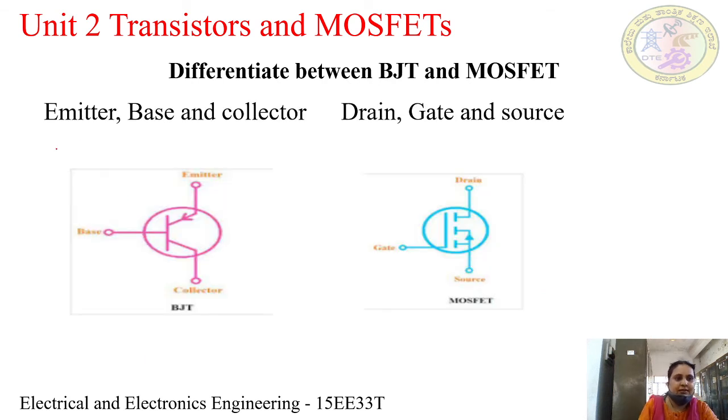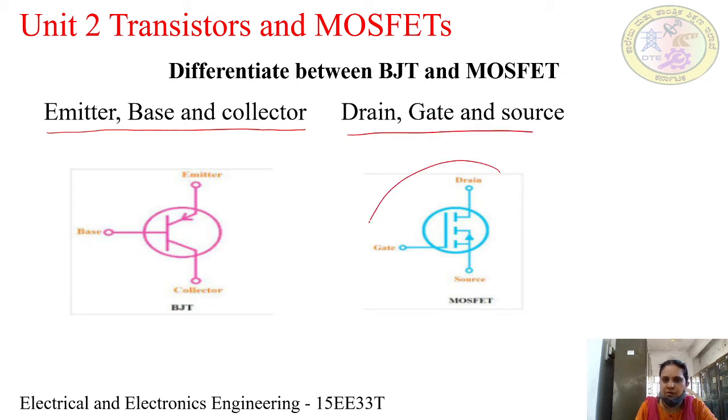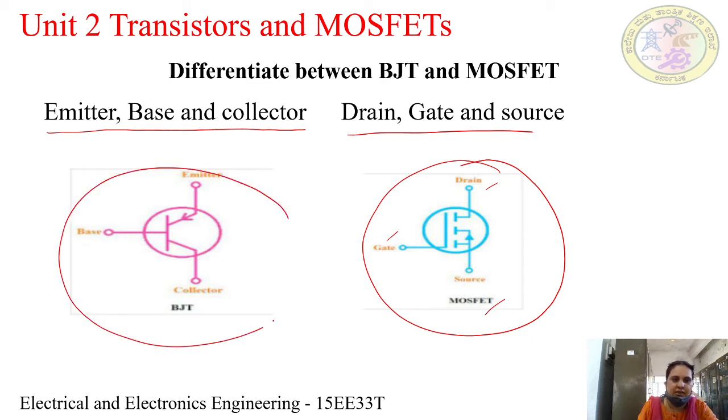Now if you look at the terminals, the MOS device or the MOSFET has three terminals, namely drain, gate and source. Whereas in case of the BJT, we have emitter, base and collector.